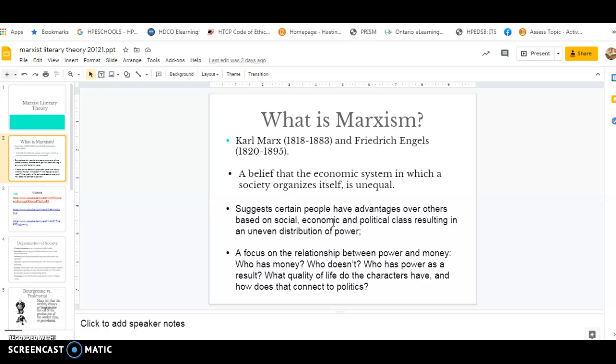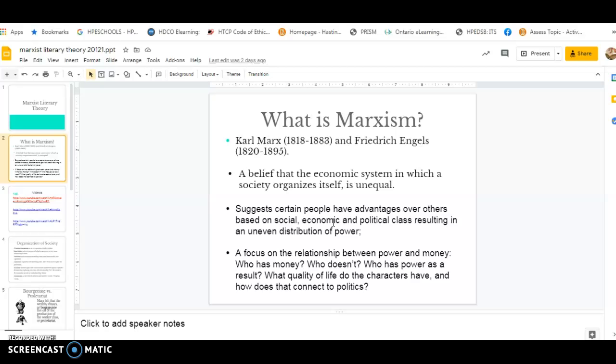And so often what this looks like in our society in particular, those that have money have access to power and resources that those who are poor do not. And so we'll look a little bit later on as to what that looks like in today's society. But it is the idea that if you have money, you have access to the resources that will continue to support your economic status.